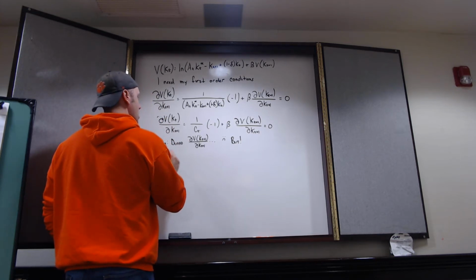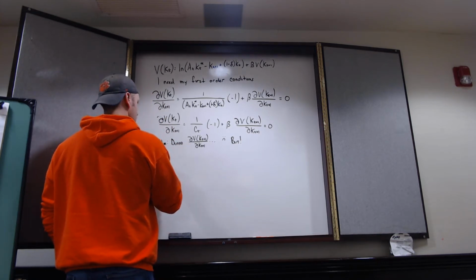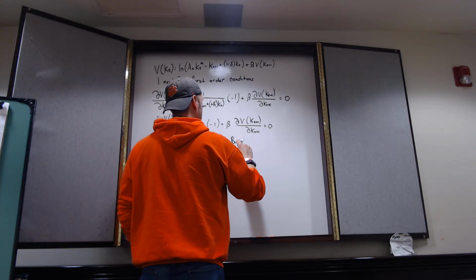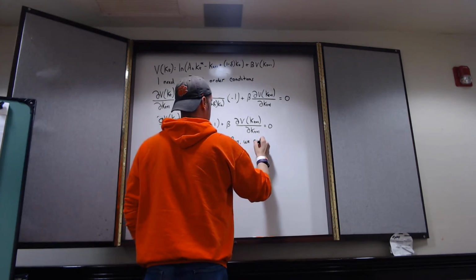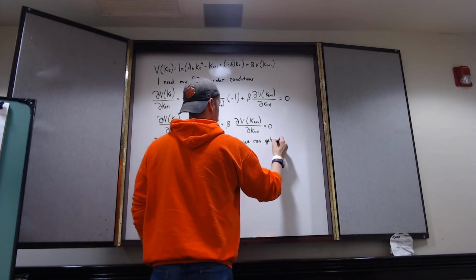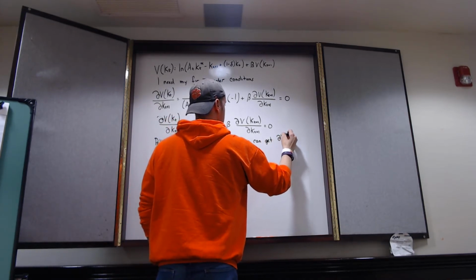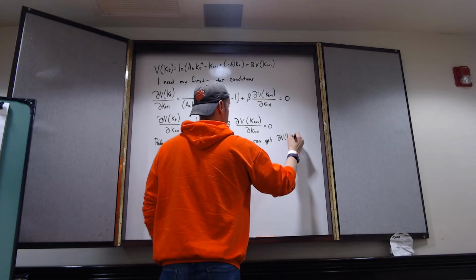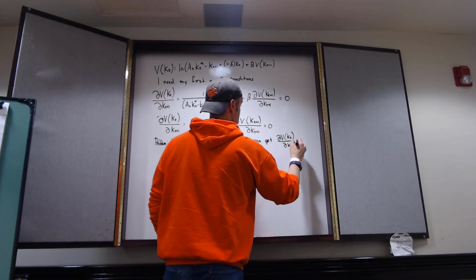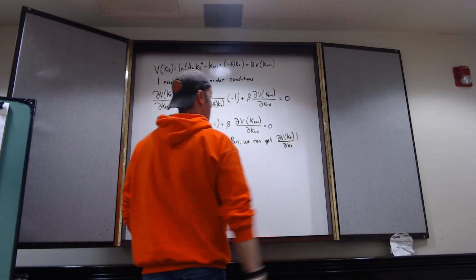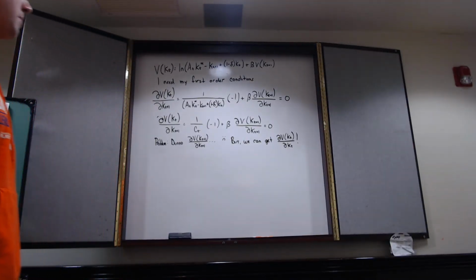So we don't know what this is. We can get dv kt over d kt.